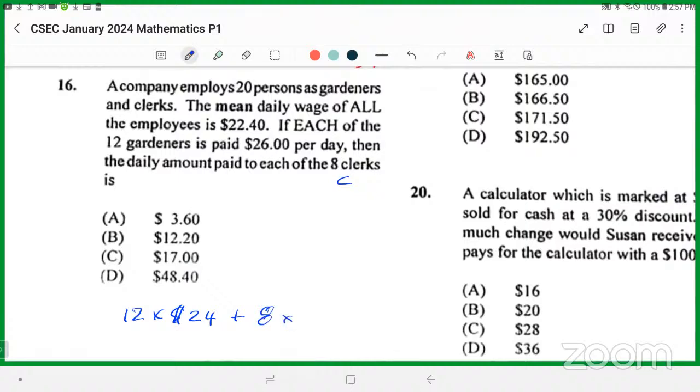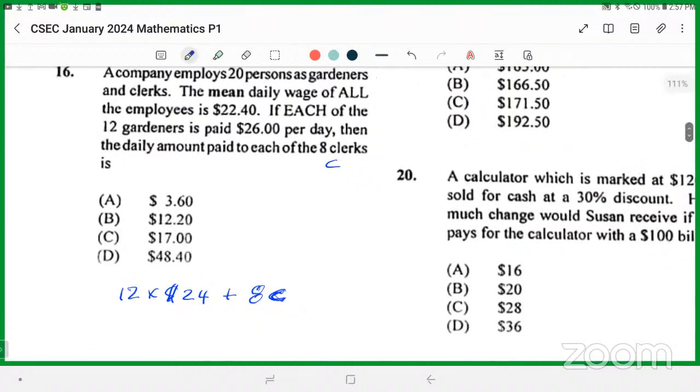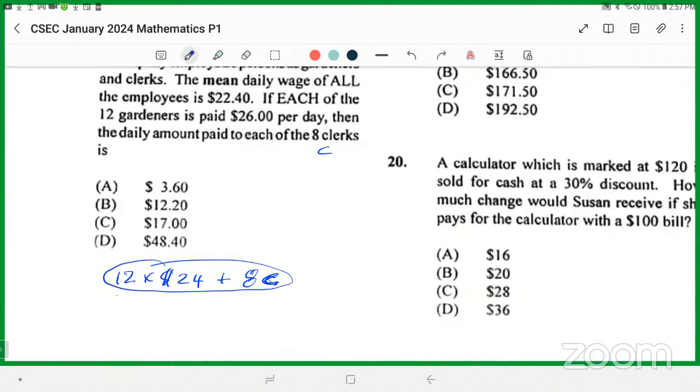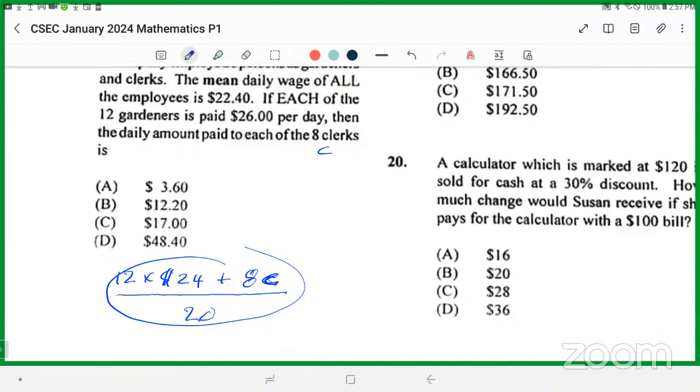C is the amount that they get paid, so we're going to call that 8C. That's the total pay they're getting. You divide that by the total number of employees, which is 20, since 12 plus 8 is 20. This will give you the mean. They tell you that it is equal to $22.40, and your aim now is to find C from this.